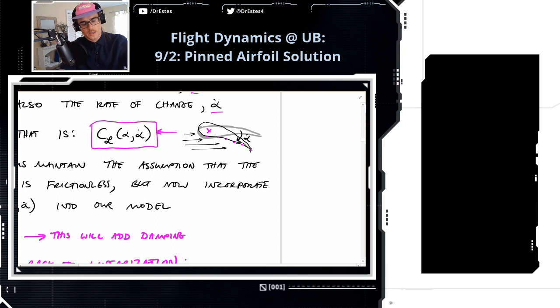Because if this is moving with some angular velocity about this pin up here, this point down here is moving the fastest, because it's farther away from the axis of rotation. So even if the air is all moving at some uniform speed, this is going to be feeling stronger relative wind because it's also moving fastest in that direction. Does that make sense?